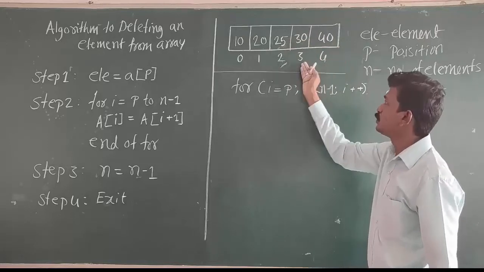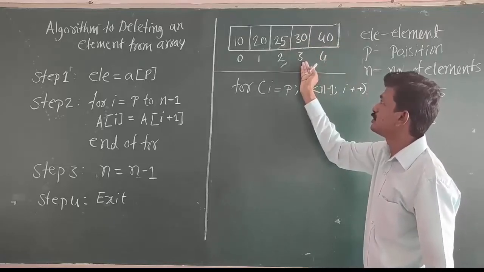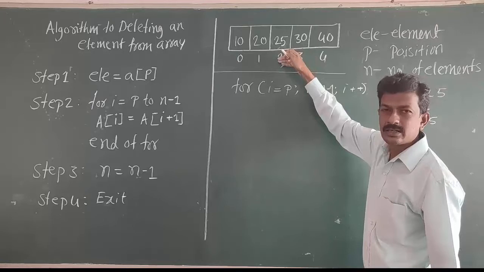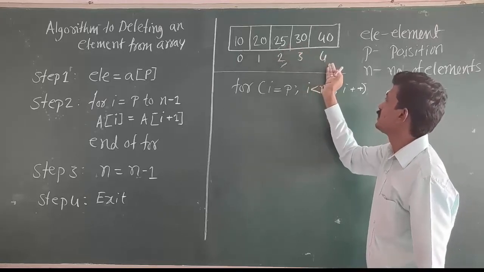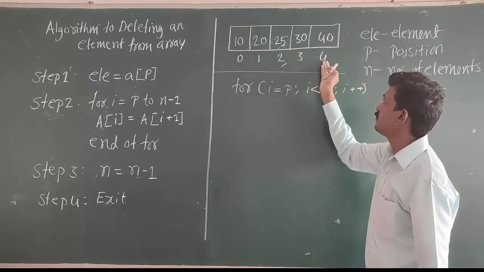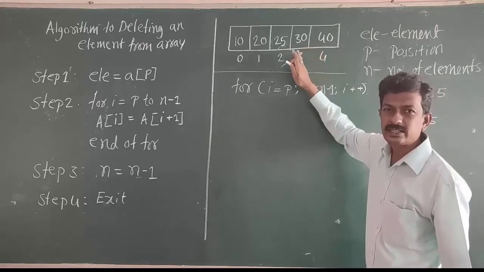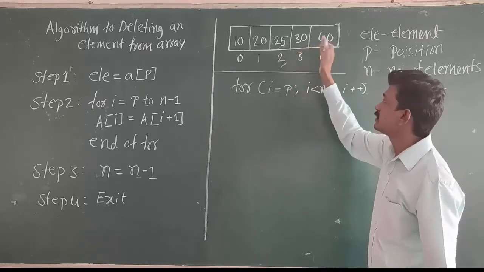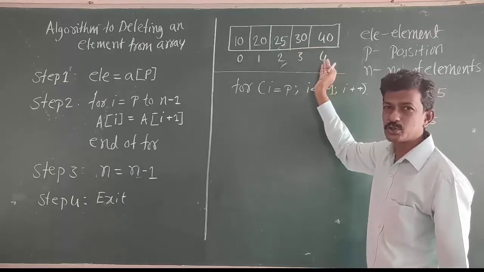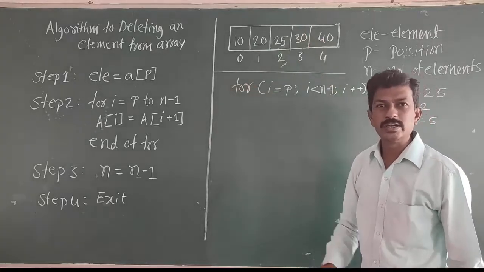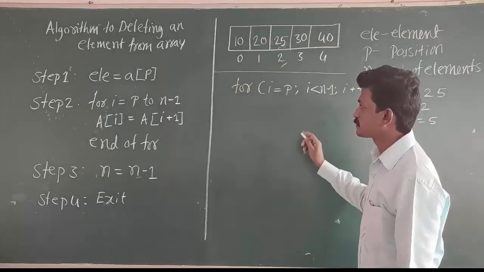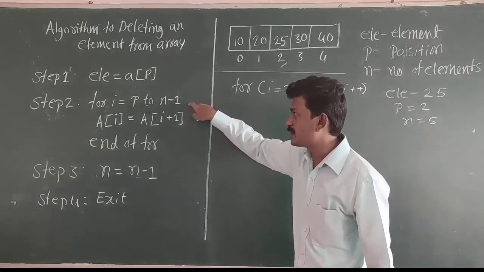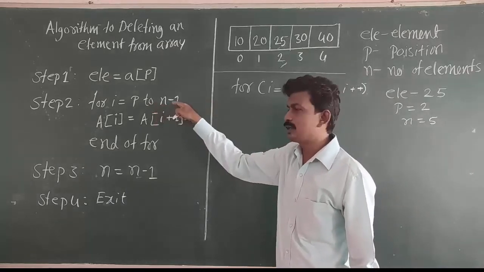The content of index 3 should be shifted to index 2, and the content of the fourth index should be shifted to index 3. The subsequent index value is moved to its previous index, and that is done with the help of this for I equal to P to n minus 1.